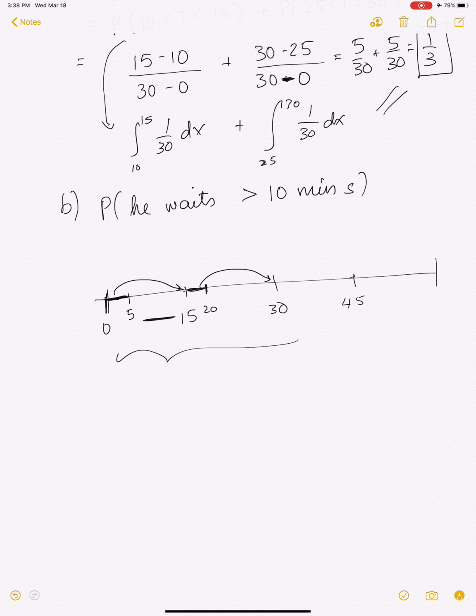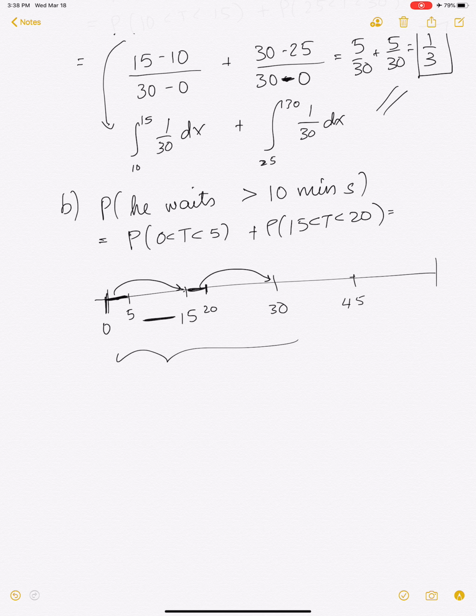Okay? So this you can write down as the probability, same as before. T is between 0 and 5 plus the probability that T is between 15 and 20.